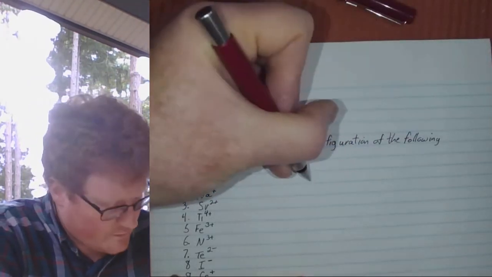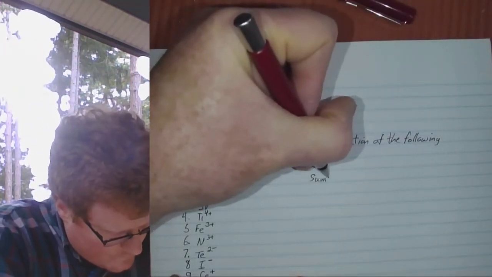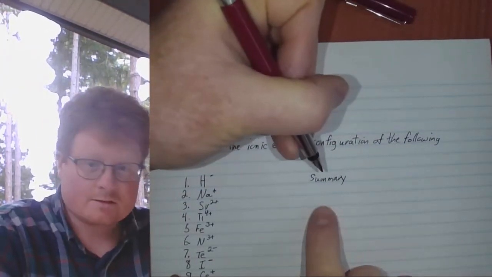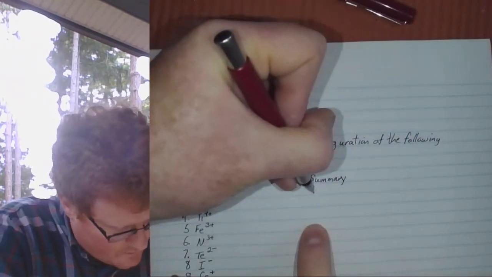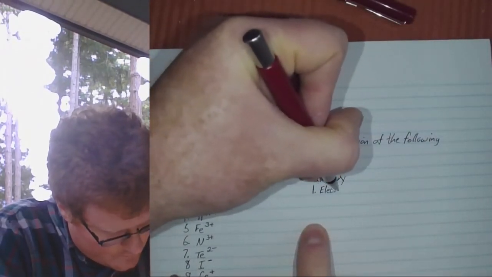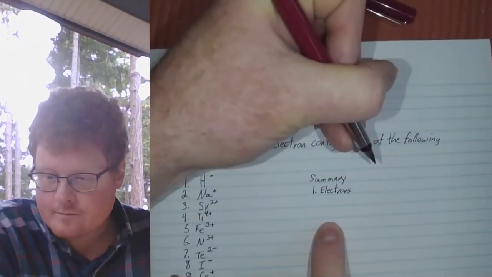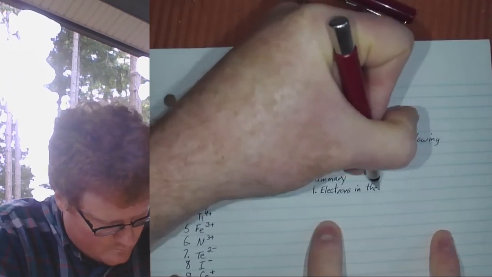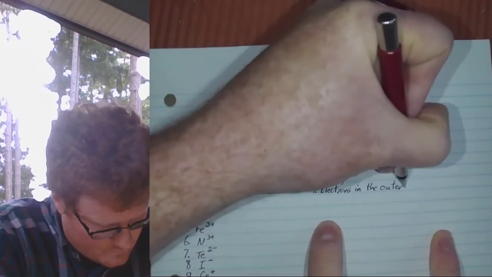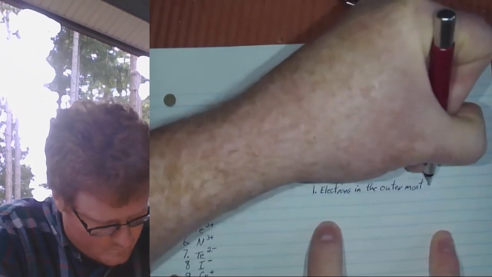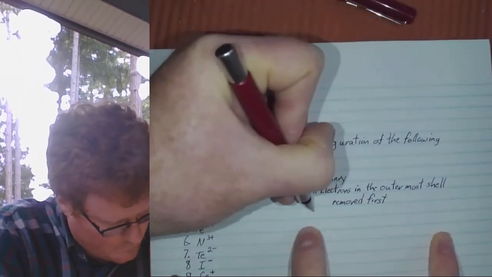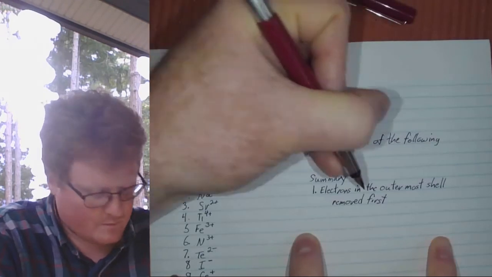So, a summary of the assignment. Summary. Number 1, electrons in the outermost shell are removed first. That's the largest n.